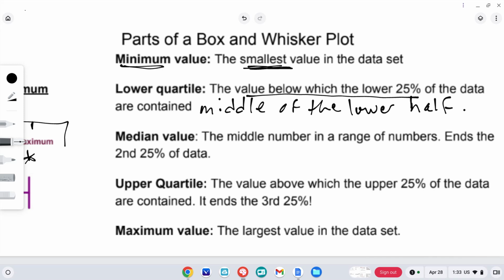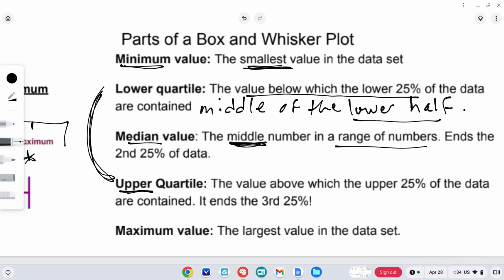Up next, we have the median value. Remember, median is just the middle number. That's in the entire range of numbers, so the middle of the entire list. It ends off that second quarter of the data. But again, the most important thing is it's the middle of the entire list of numbers. Next, we have the upper quartile. These two are very similar, the lower and the upper quartile. So the difference for the lower one we said was the middle of the lower half.